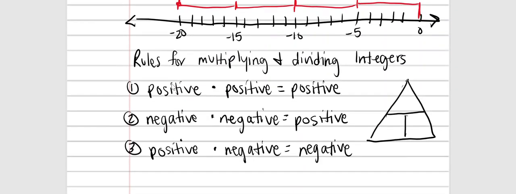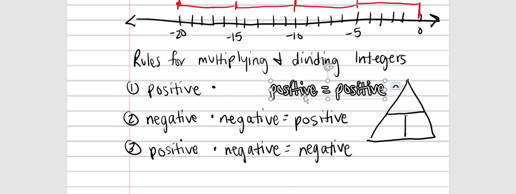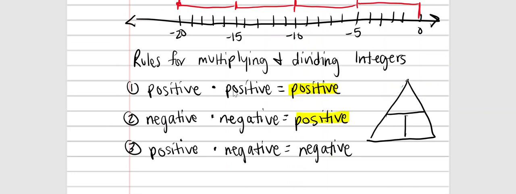You're used to those. Negative times a negative also gives you a positive. And then finally, a positive times a negative will give you a negative.